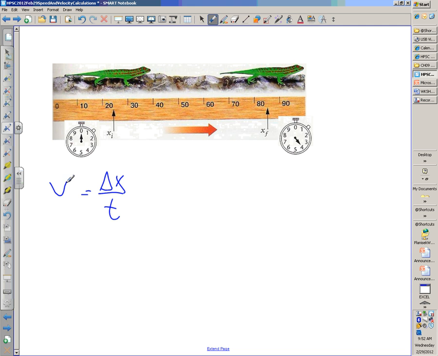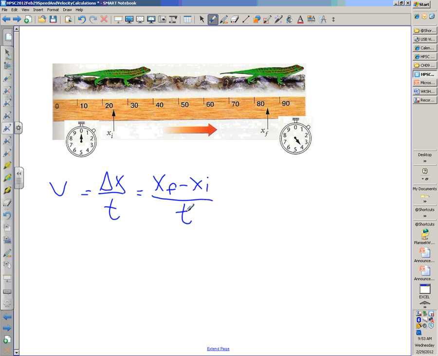It's the second position minus the first position, or final minus initial, divided by the time. Are we good there?